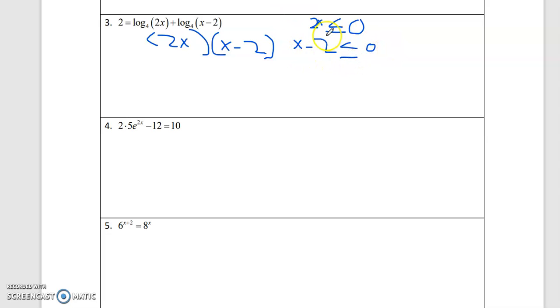Okay, so once you have those done, you solve the inequalities. I'm just going to do it a little small right here. Divided by 2, divided by 2. So that just makes x less than or equal to 0. And it makes x less than or equal to 2.